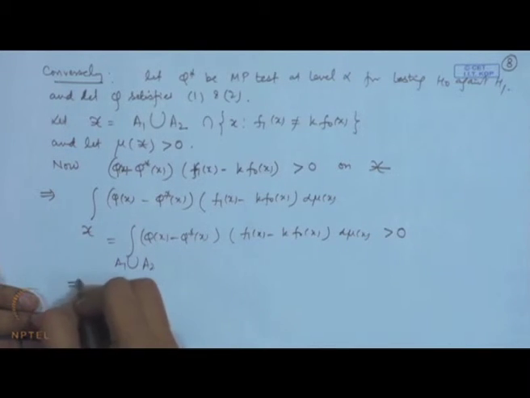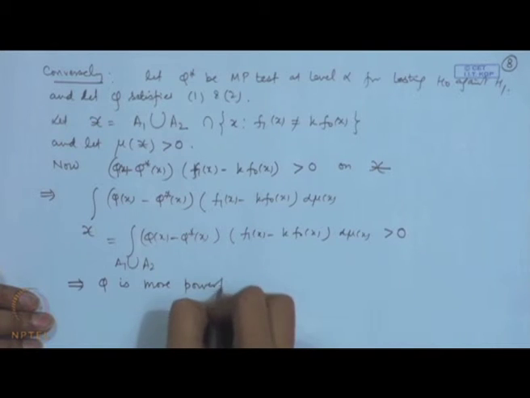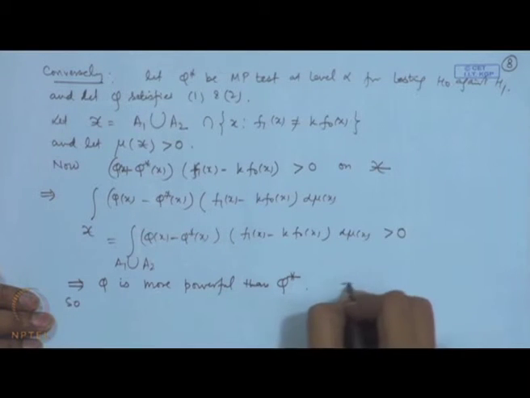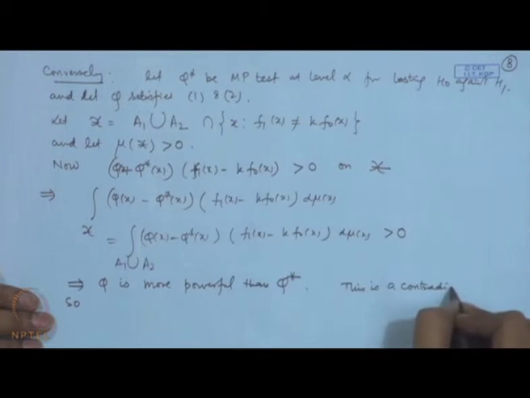Now, this condition implies that phi is more powerful than phi star. So, this is a contradiction, because we assume that phi star is most powerful.